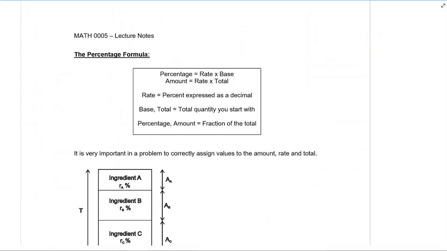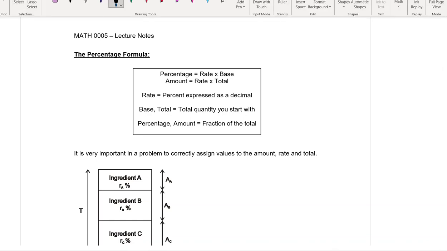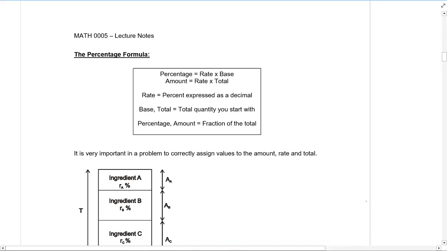Next, we're going to talk about the percentage formula. This is the formula that we're going to use in the questions. The formula is that the percentage amount is rate times total. In the short form, you can write amount is rate times total.